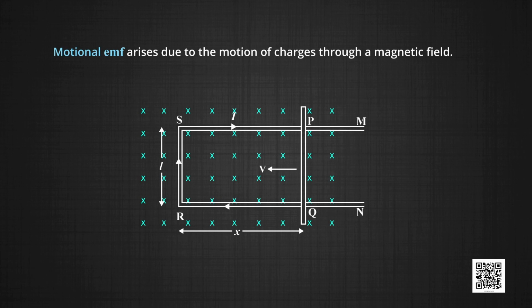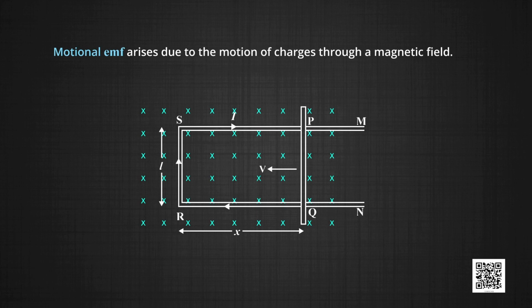In this figure, the conducting rod is moving with a velocity v in a uniform magnetic field B, which is going into the paper. So, the loop area is decreasing, or the flux associated with it is decreasing, and according to Lenz's law, the loop doesn't like it. It wants to keep the flux the same.